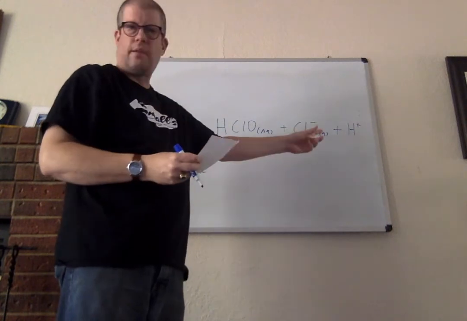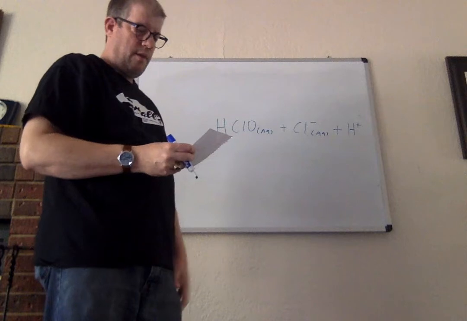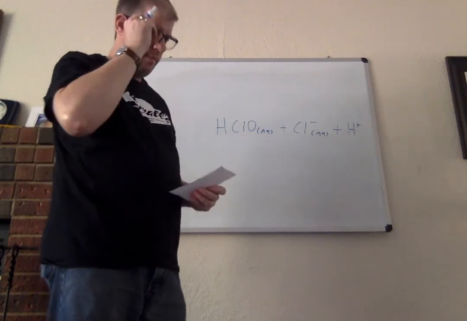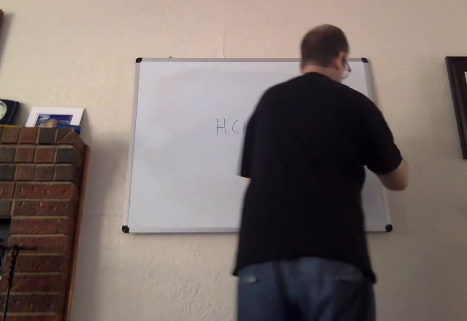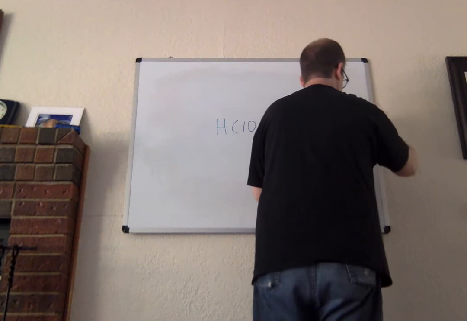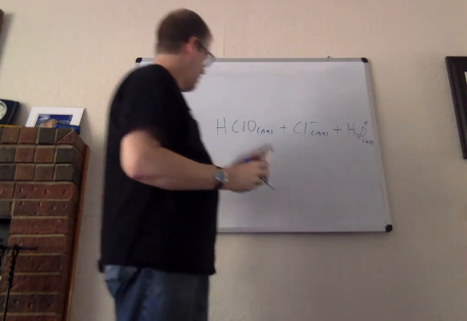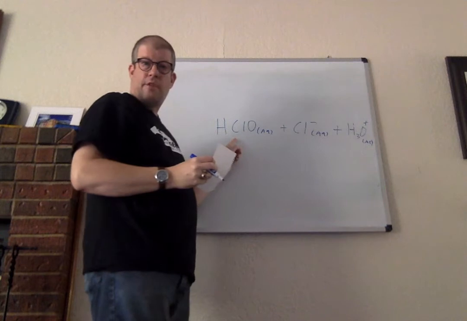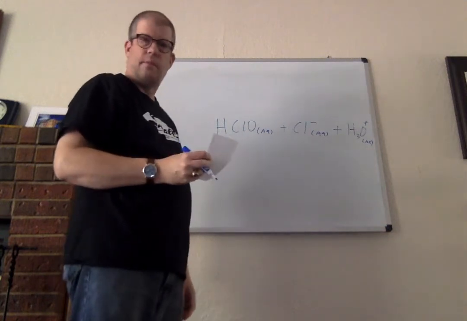Now I'm cheating and writing as H+, that's actually there as hydronium, but it makes writing this easier. Actually, let's not do that. Let's do it right. All right, so this is generated by protonation of the hypochlorite anion, which happens.